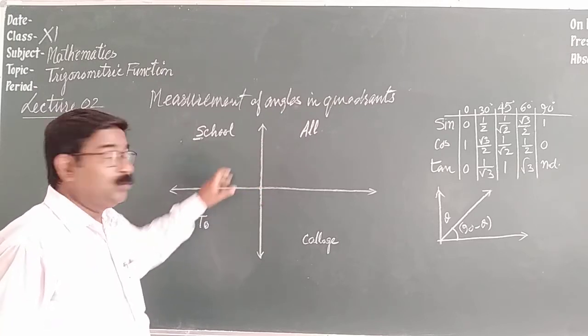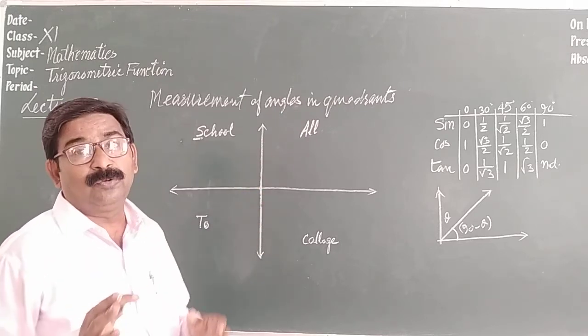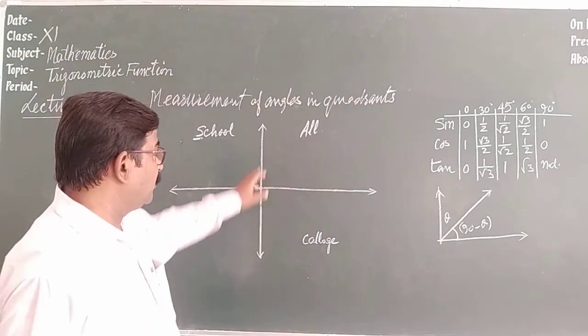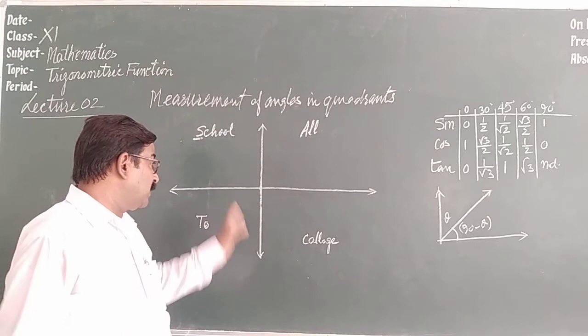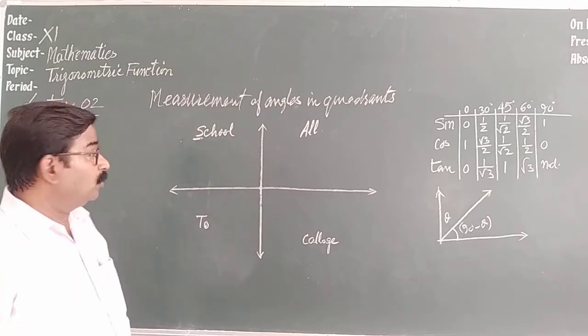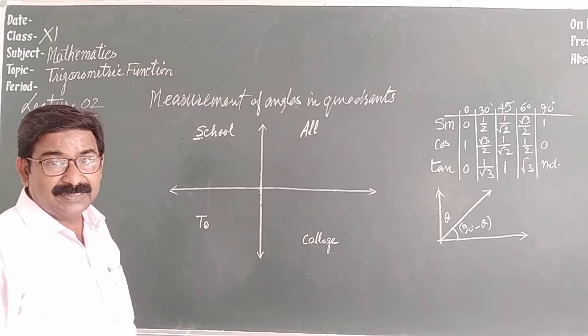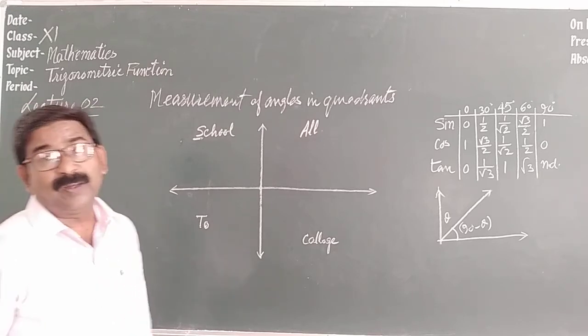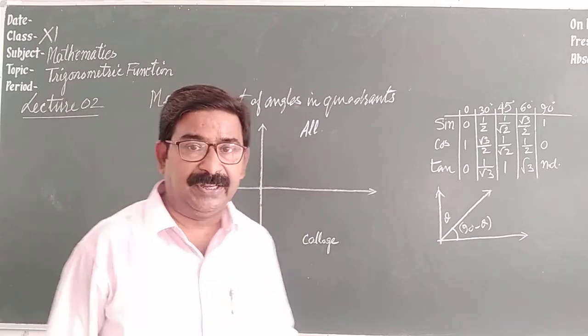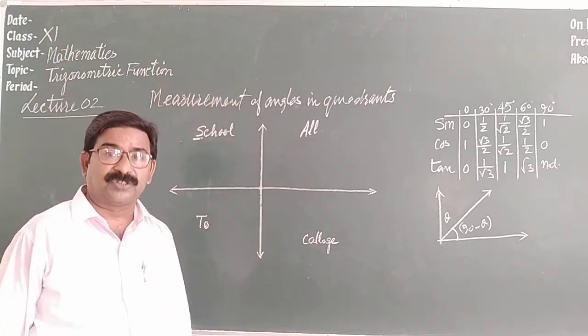Suppose 120 degree, which is more than 90 but less than 180, it is in second quadrant. So if you are going to find the value of sine 120 degree or cosec 120 degree, its value will be positive.